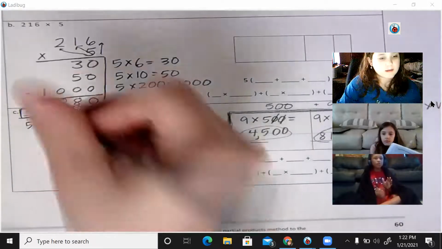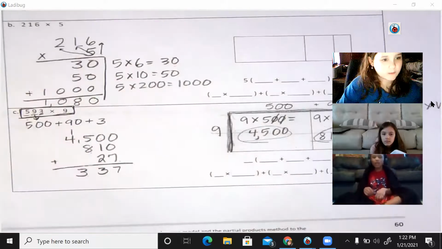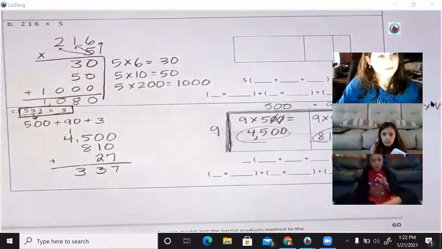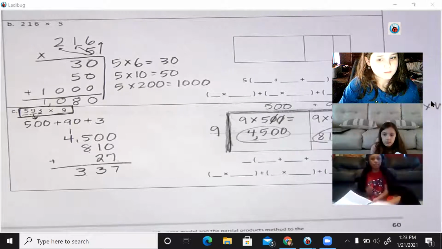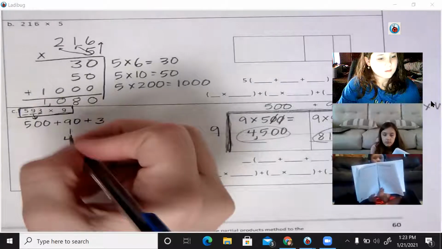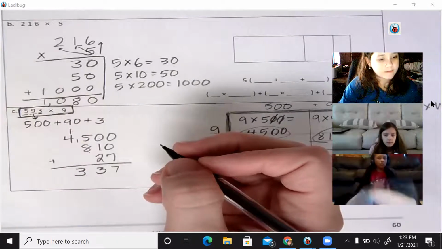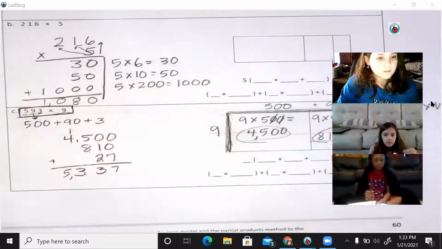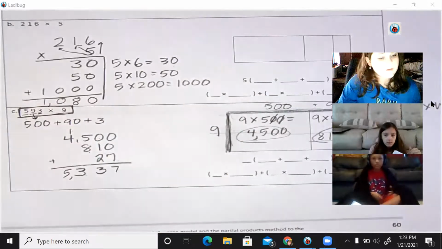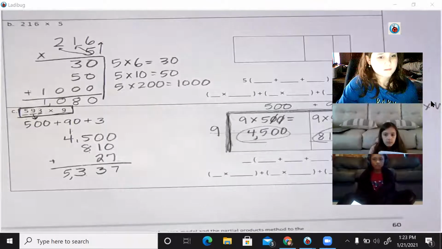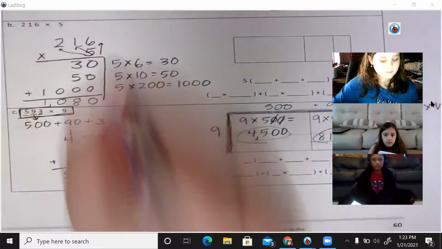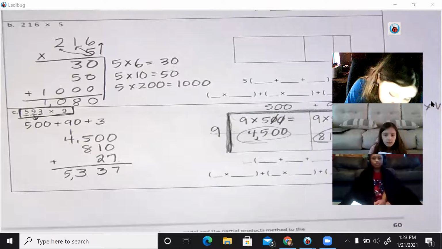I put down my 3 and I carry the 1. What's 1 plus 4? 5. For a final answer of 5,337. Very good. So we've warmed up by doing 3 problems, 3 different ways.